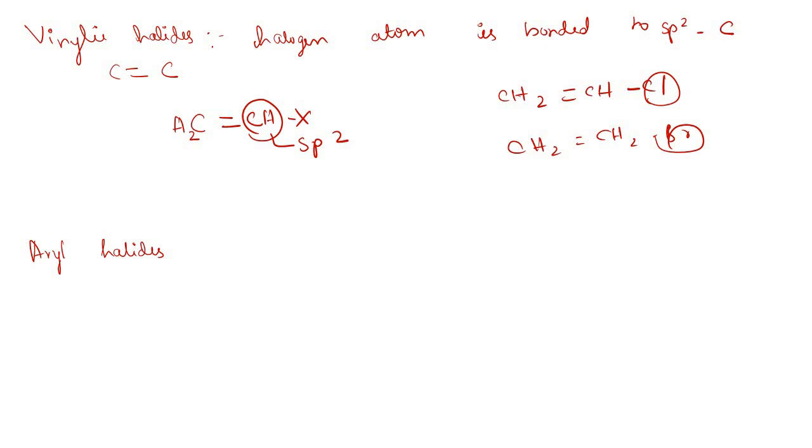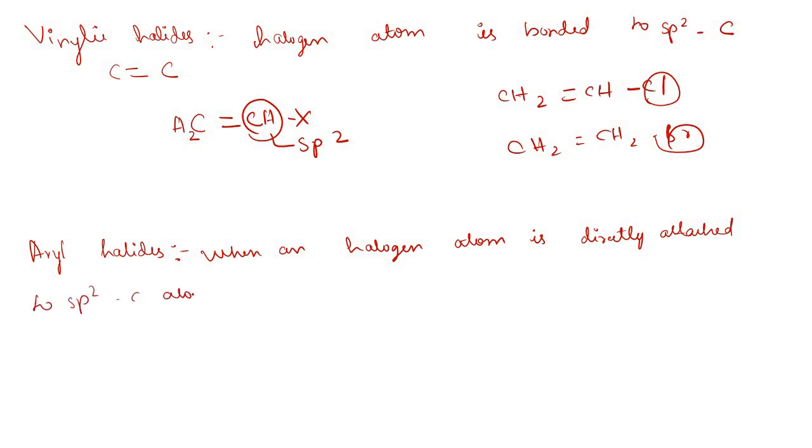So what are aryl halides? These are the compounds in which a halogen atom is directly bonded to an sp2 hybridized carbon atom in an aromatic ring.